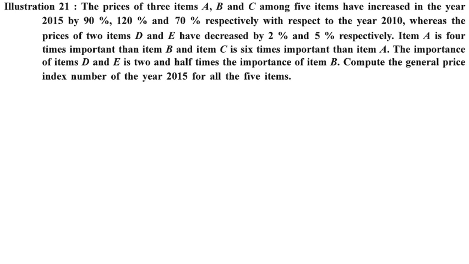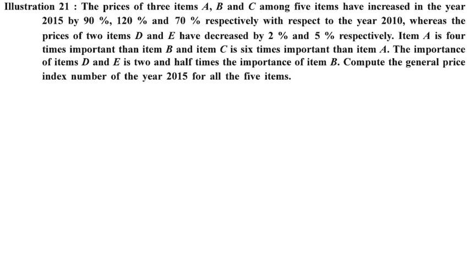Same way, if prices of an item increased by 90%, the index number should be 190. If it is 120%, it is plus 100, that is 220. And if it is increased by 70%, that is plus 100, that is 170.